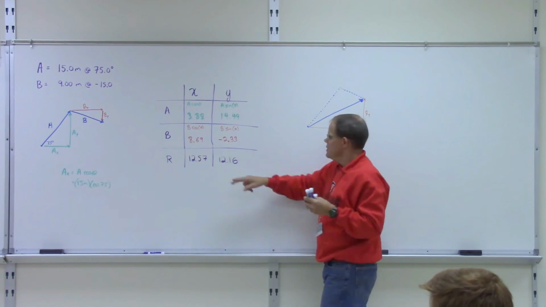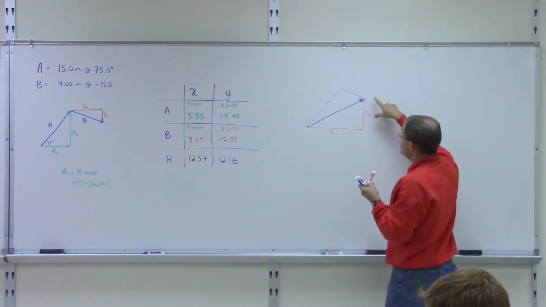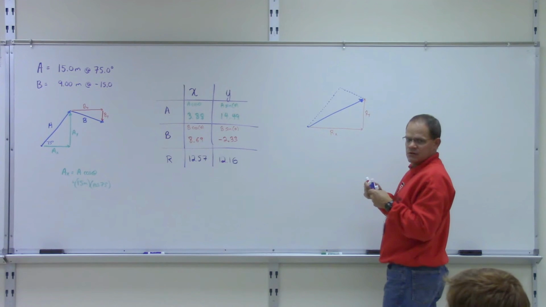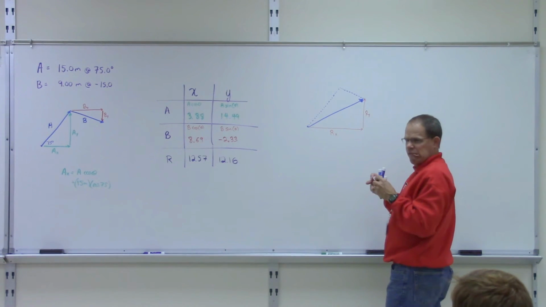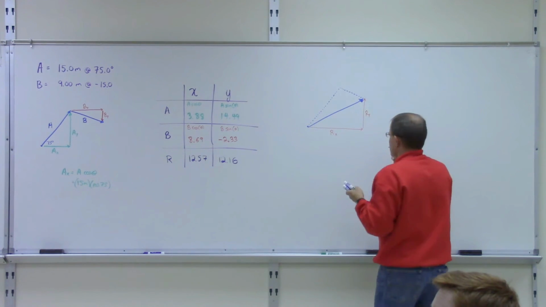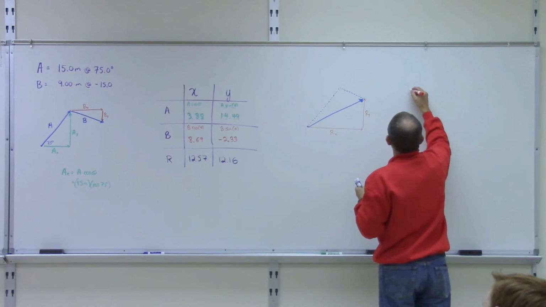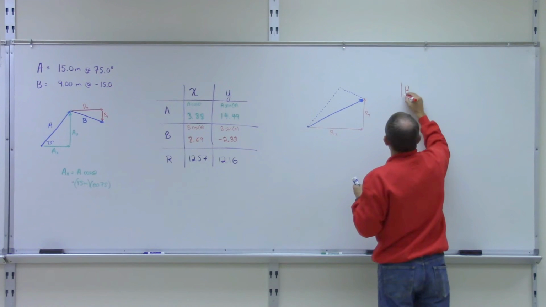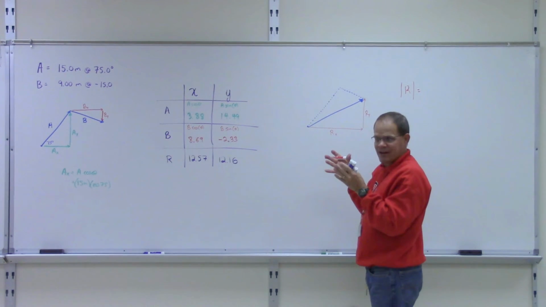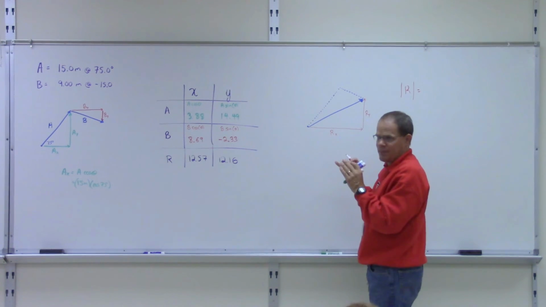Okay? So, if you know those two numbers, can you find the length of this vector? How would you do it? Megan? Yeah, probably the easiest way is to use Pythagorean theorem, right? So, the length of vector r, we use that symbol to mean length or magnitude, the size of the vector, not worrying about the direction, right?